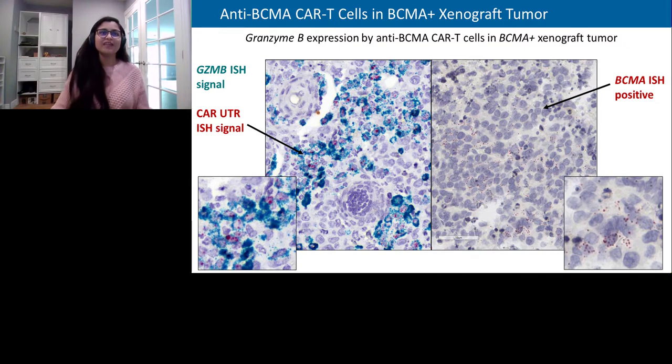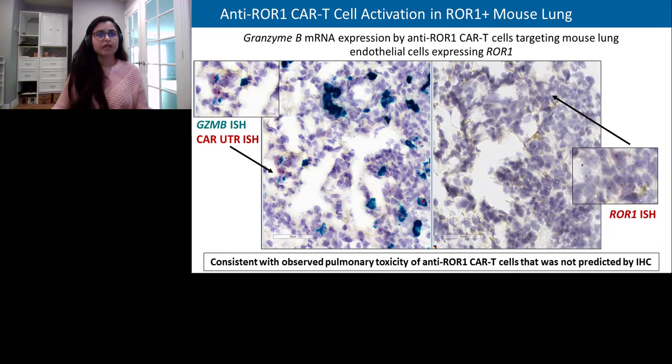On the other hand, the anti-ROR1 CAR T therapy was not as safe. As you can see here, in this mouse lung tissue, there is some basal level of expression of ROR1, and as a result of this, these CAR T cells were engaging with these cells in the lung and causing toxic effects.